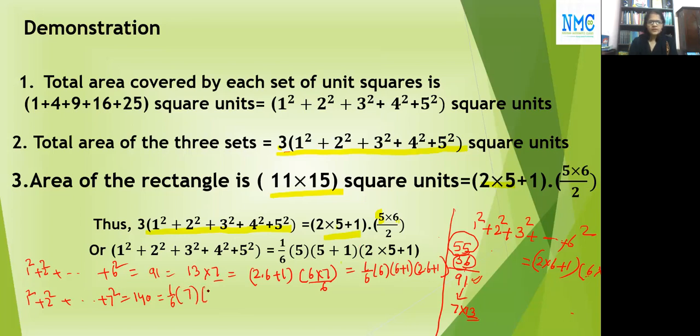Now 7 plus 1 into 2 into 7 plus 1. So 7 into 8, you can just calculate, 7 into 8 into 15 by 6.